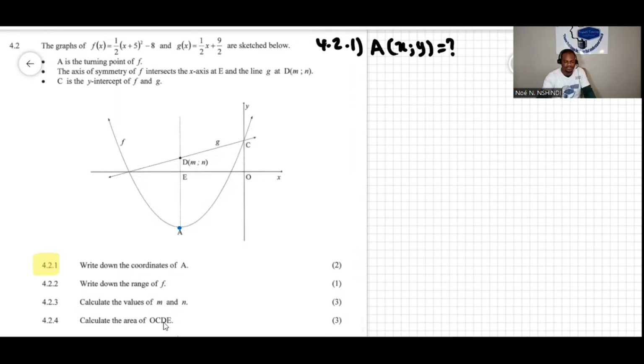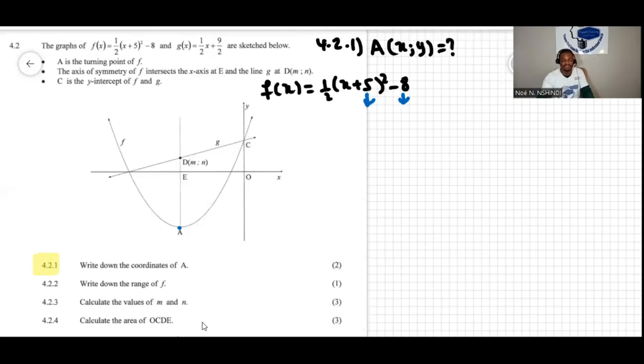The equation f of x equal to a half (x plus 5) to the power of 2 minus 8 is called the turning point form of a quadratic equation.